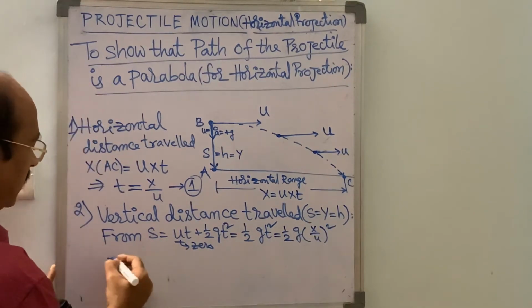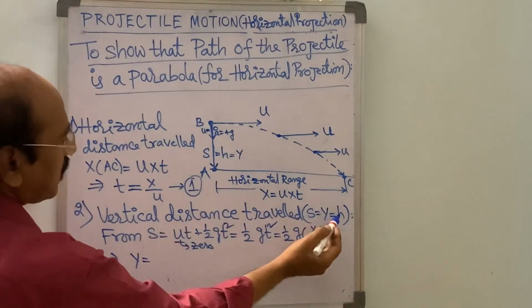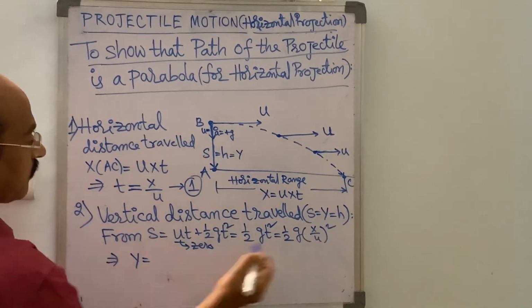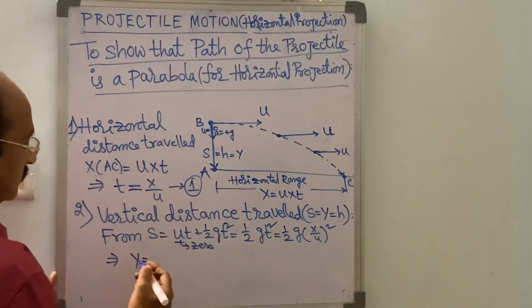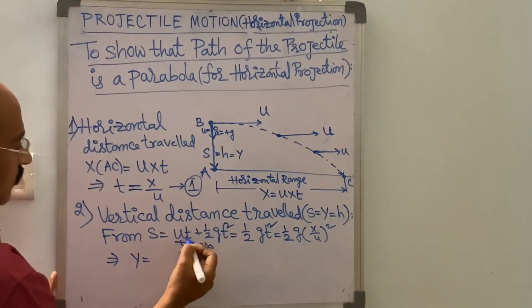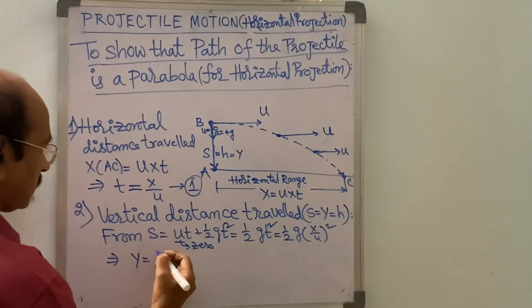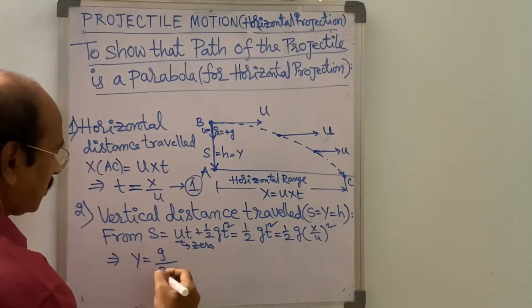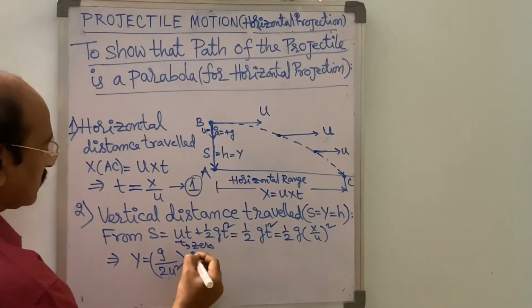So when we rewrite the expression s = h or y, and we consider x, now y = 1/2 g/u² x², that is g/(2u²) into x².